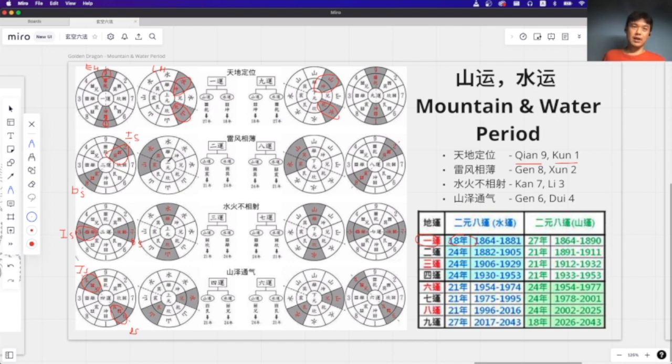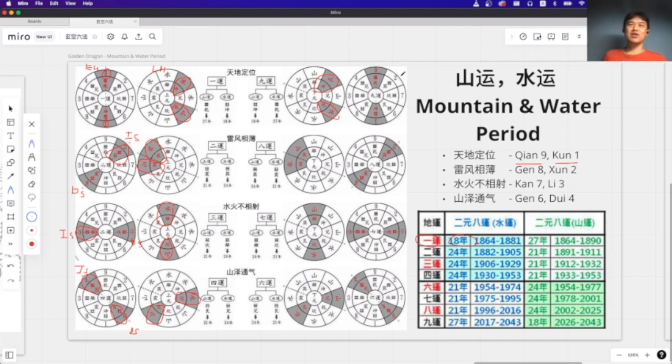Period 2, Xun is actually southeast, and Zhen is actually east. Similarly, the only ones that are opposite one another are Li and Kan, north and south. Period 4, Tui is west, Zhen is actually northeast. Direct, indirect, and again, whatever happens, you just flip over.